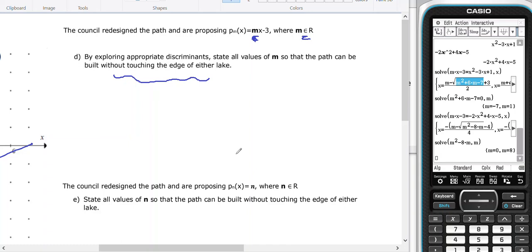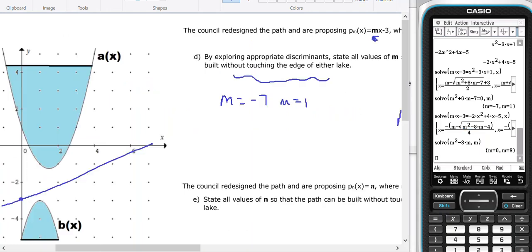If I set that equal to 0, I get m equals -7 and m equals 1. And if I set the upside down parabola equal to our line, this gives me this discriminant, and that gives me m equals 0 and m equals 8.